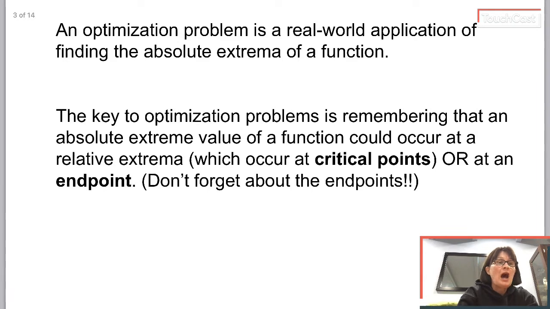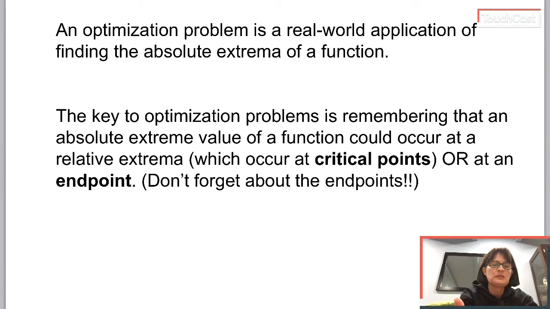Okay, so an optimization problem is an application of derivatives, and it's definitely going to be on the AP test, and it's a real world problem that would give you a reason to find an absolute minimum or an absolute maximum.